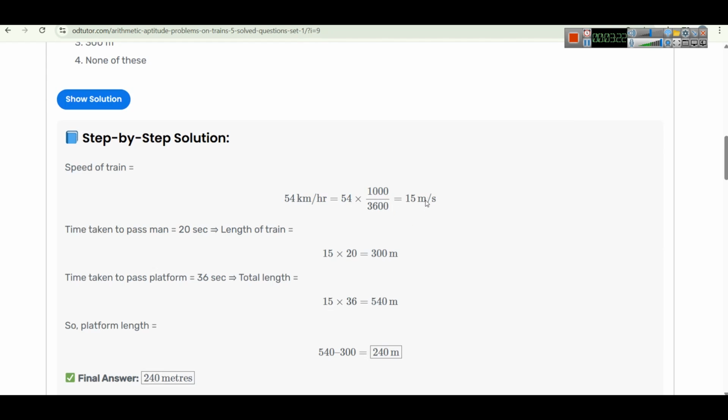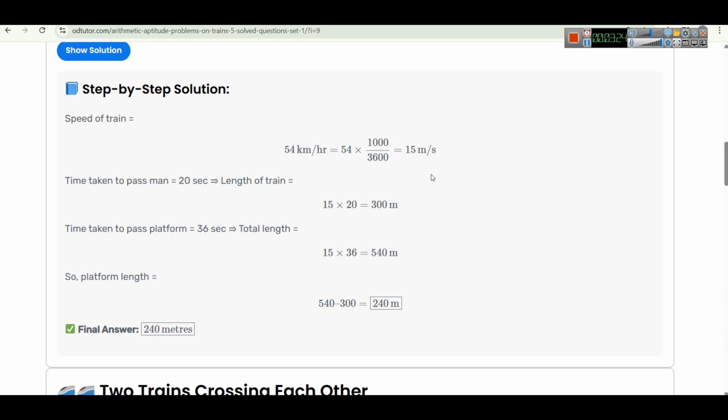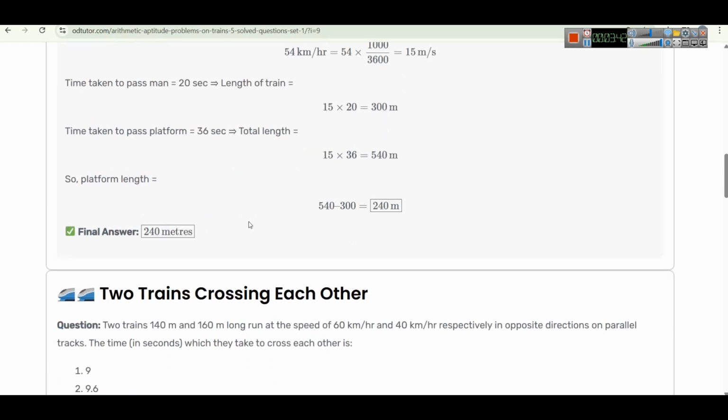When you multiply it, you will get the answer. Then you calculate the time taken to pass the man, whatever that time is. Maybe the man is walking, or whatever may be the case, it is taking 20 seconds to pass the man, and then you get the final answer, 240.